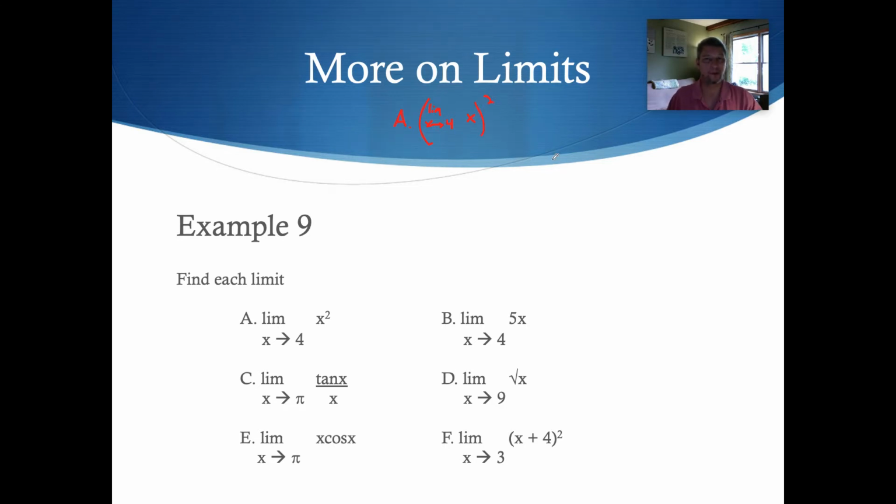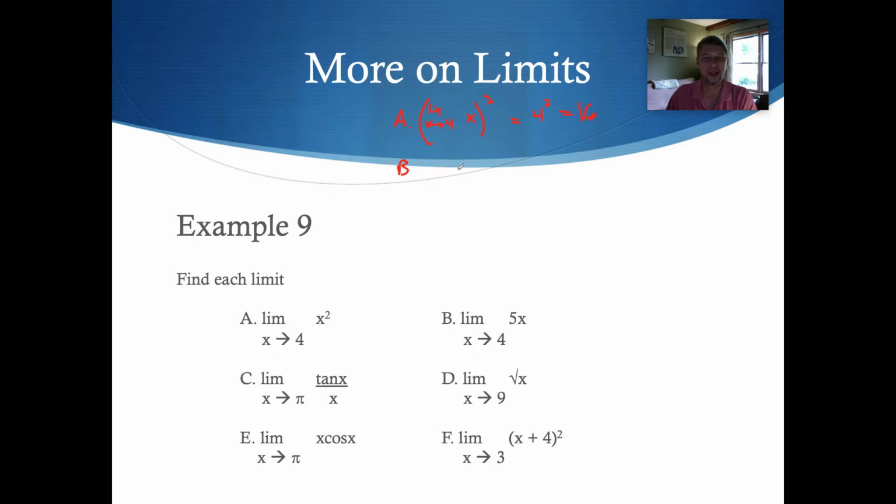All right, that's what this value would equal. Well, of course, the limit as x approaches 4 of x is simply 4. All right, and so that would give me simply 4 squared, which of course is 16. So easy peasy, right? And so that's using the power rule here.